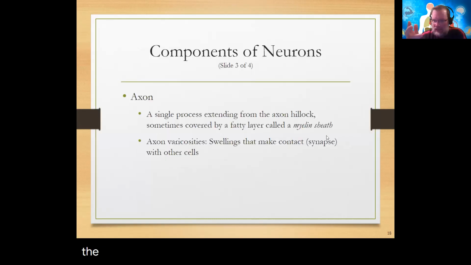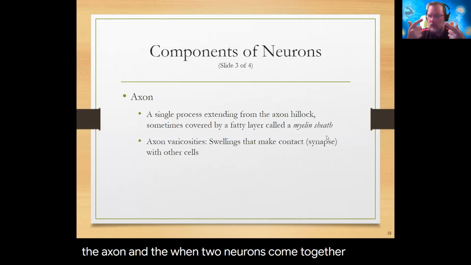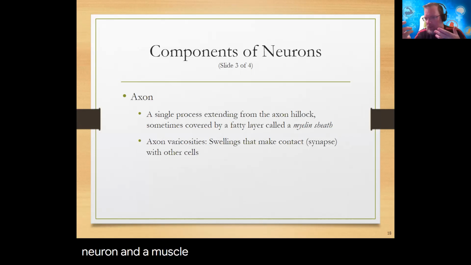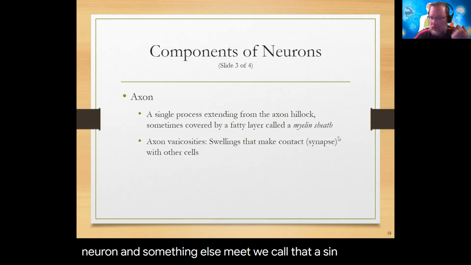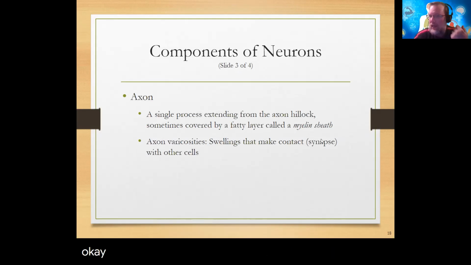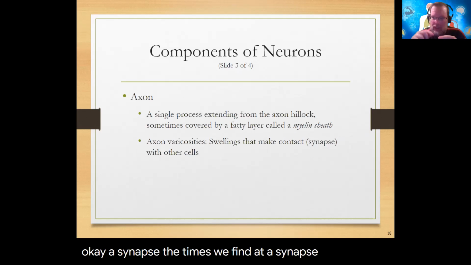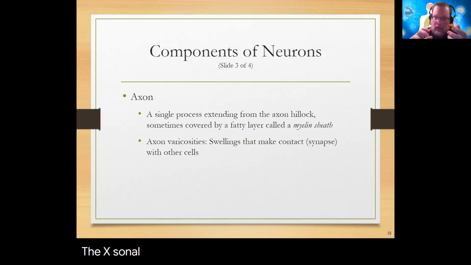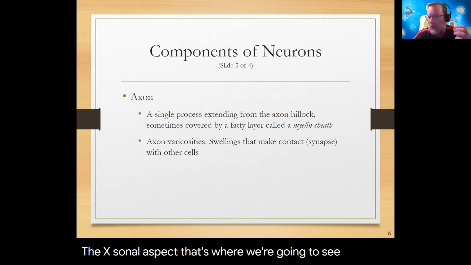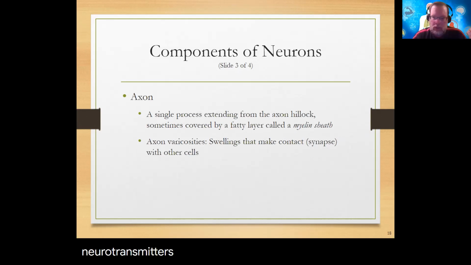Oh, and when two neurons come together, or a neuron and a muscle, or a neuron and a gland, basically when a neuron and something else meet, we call that a synapse. Okay, a synapse. Oftentimes we find at a synapse, especially at the axonal aspect, that's where we're going to see neurotransmitters stored.